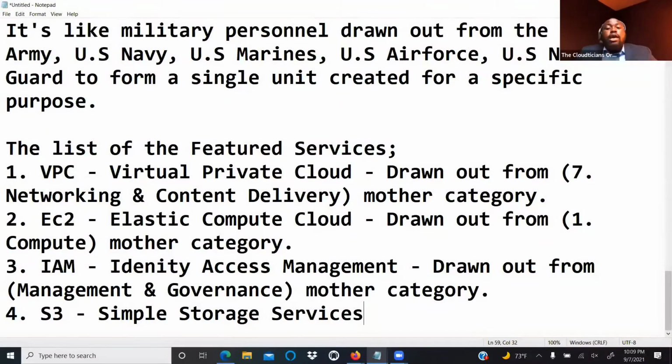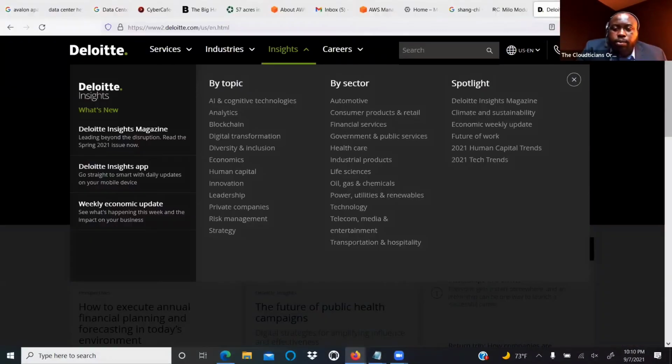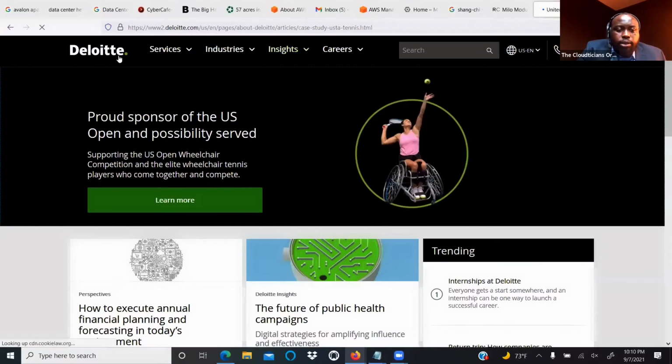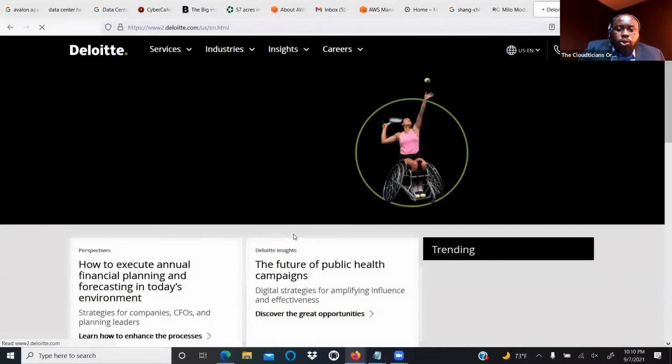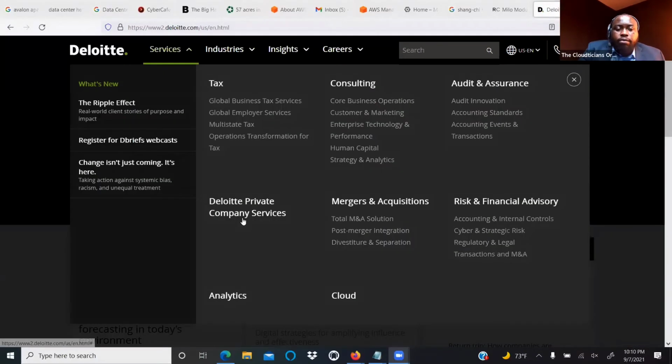So in this analogy, sorry for the confusion, if you go to a regular website, AWS is kind of like Deloitte.com. Deloitte will show you what they offer by advertising it on their website. If you go to a website where there's no category, you won't know what they offer, right?